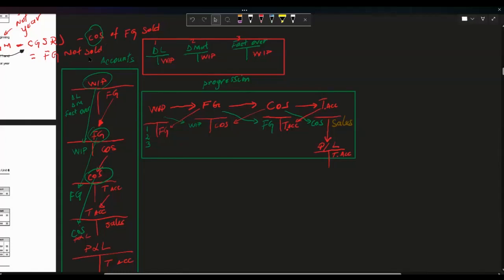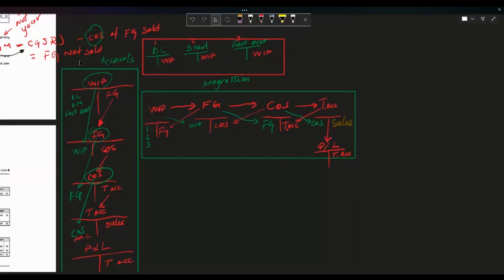But when you're looking at the actual progression of accounts, you have the work in process. After the actual transformation or manufacturing, you will obtain finished goods. After you obtain finished goods, you will look at the cost of producing those finished goods, right?